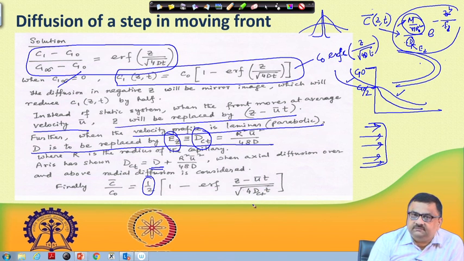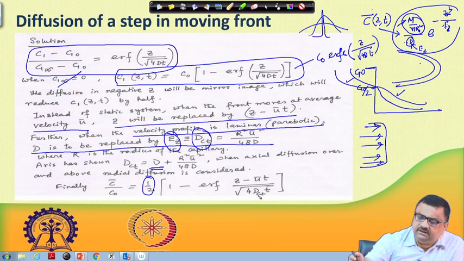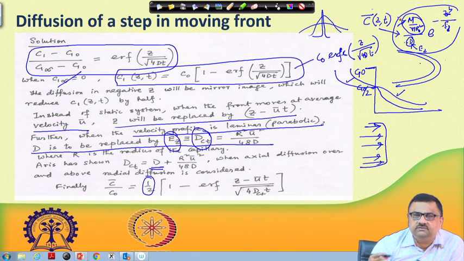Now this is something which we will carry forward when we go to porous medium. Or rather, we can continue with that exercise as well. But if you are working with a step change, truly speaking, you can use either of these.